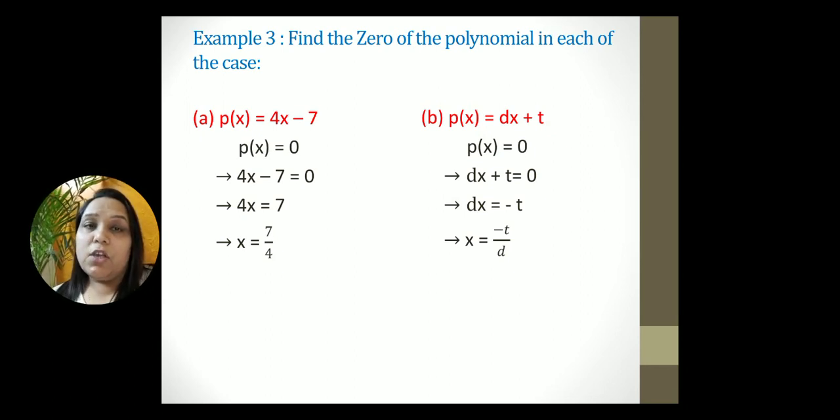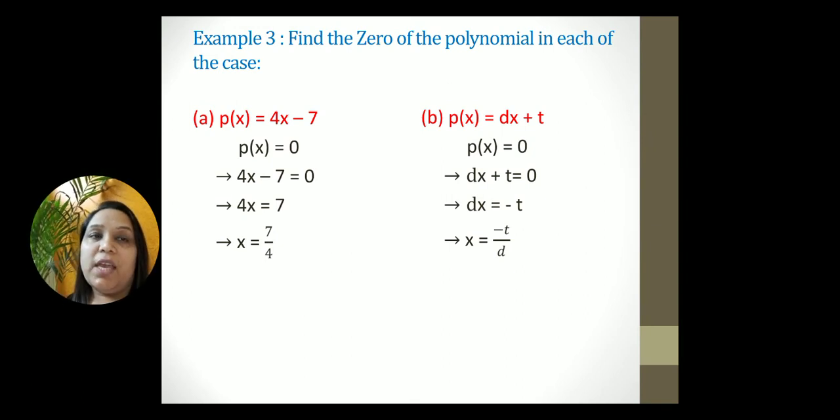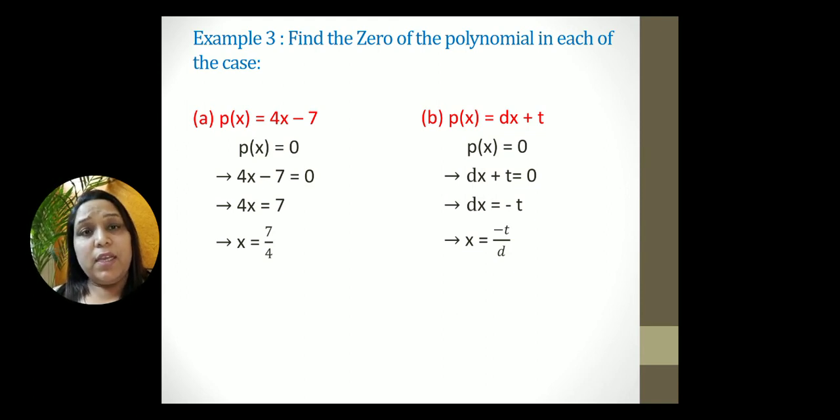If you put this, you will get the value of p(x) = 0. So x = -t/d is the 0 of the polynomial. It's very simple to find out the 0 of the polynomial, especially when it is linear.